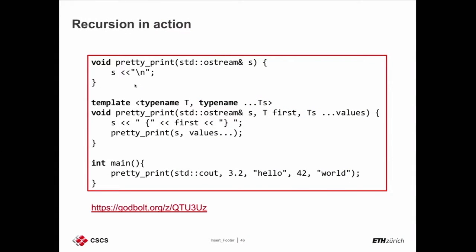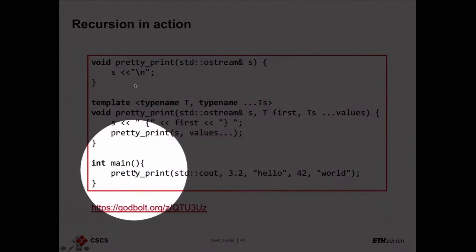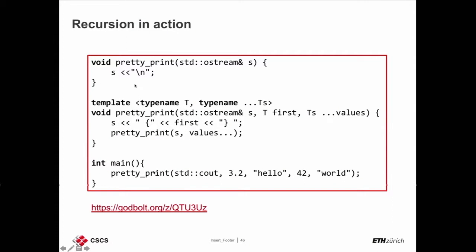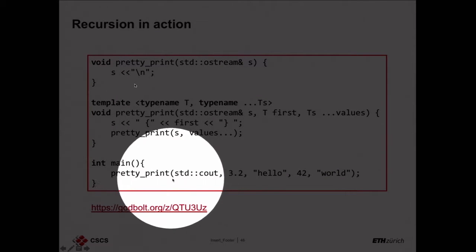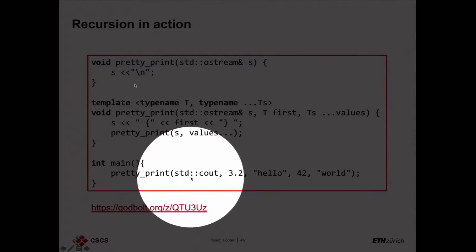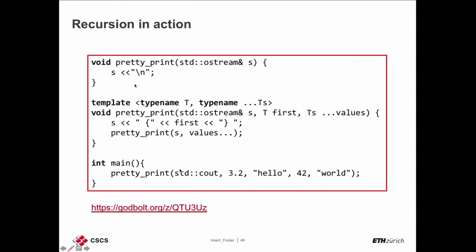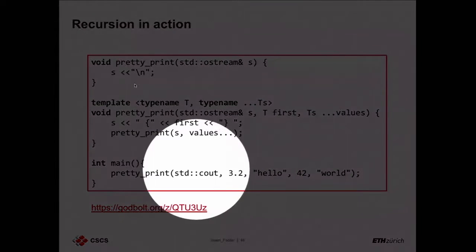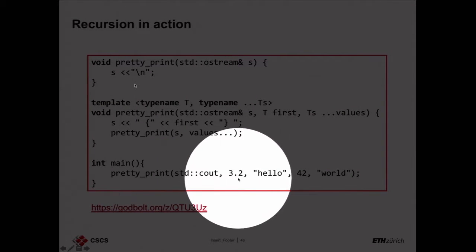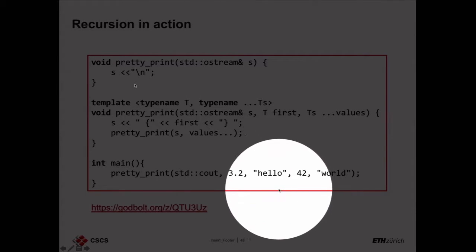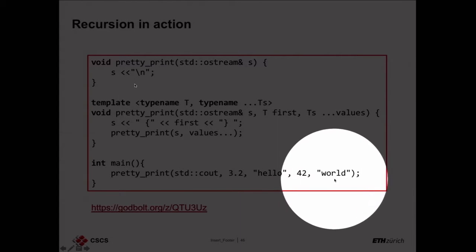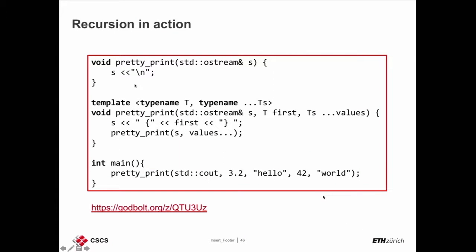Here, let's say I want a function which is pretty print. I want to pass the stream where I want the print to go, maybe a file, maybe on screen like here. And then I want to print a double, a char array, an integer, and another char array.